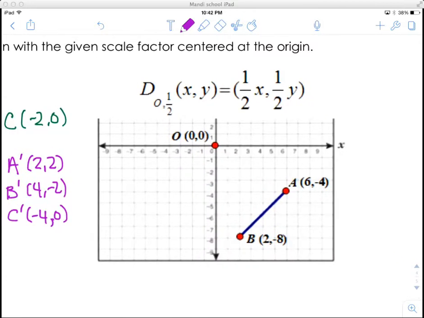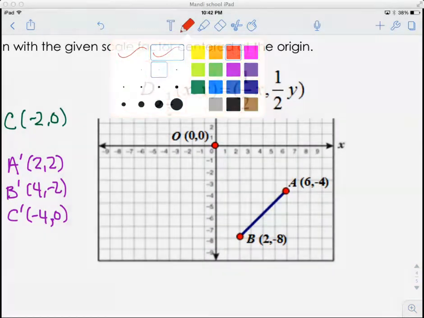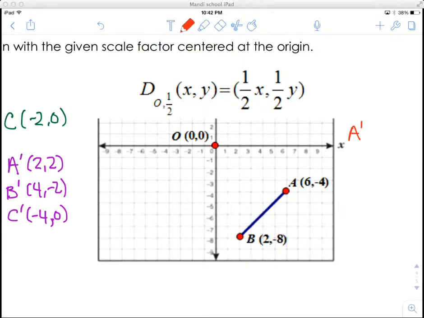Okay, so this one, and they give us the coordinates. So A prime, this one says we want half of x and half of y. Okay, so half of x is 3, and half of y is negative 2.